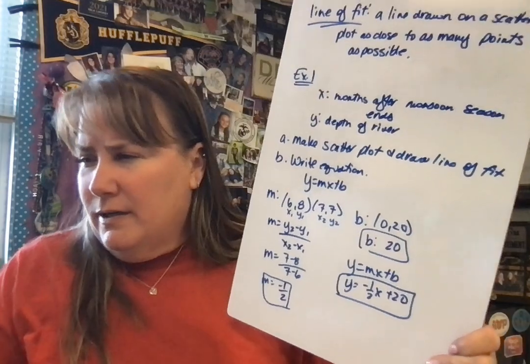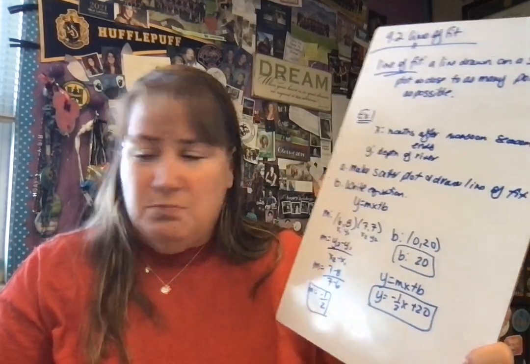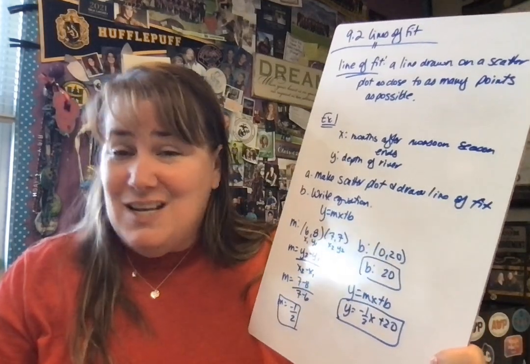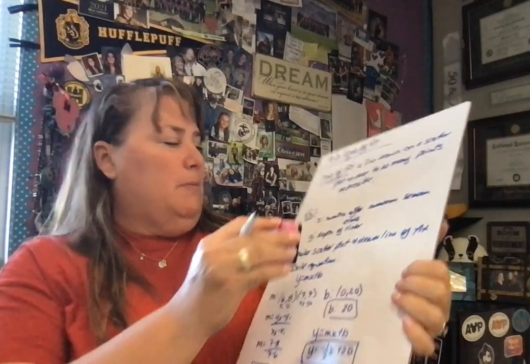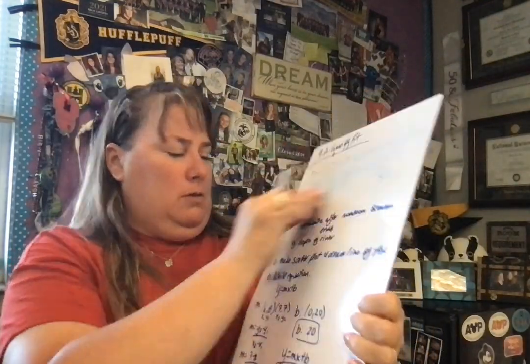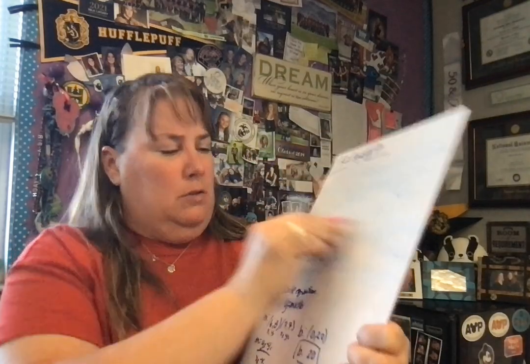We just did B. We wrote an equation of the line of fit. So we're using y equals -1/2 x plus 20. Part C, interpret the slope and y-intercept. I'm going to come up here and erase this. I just need more room.